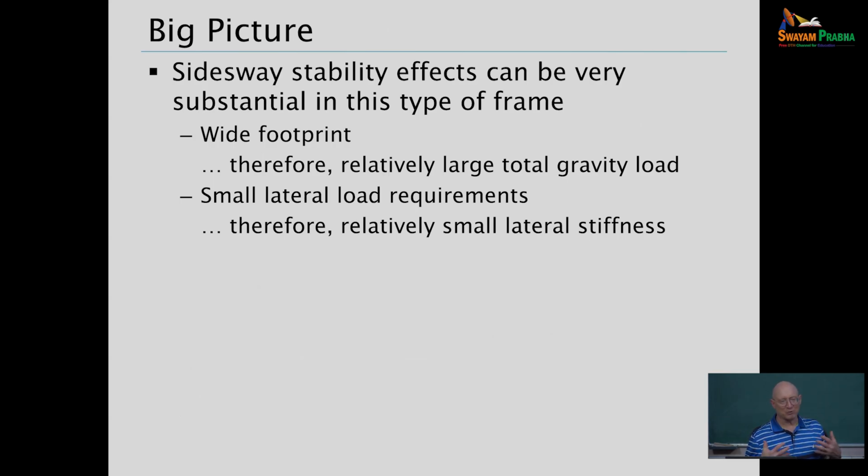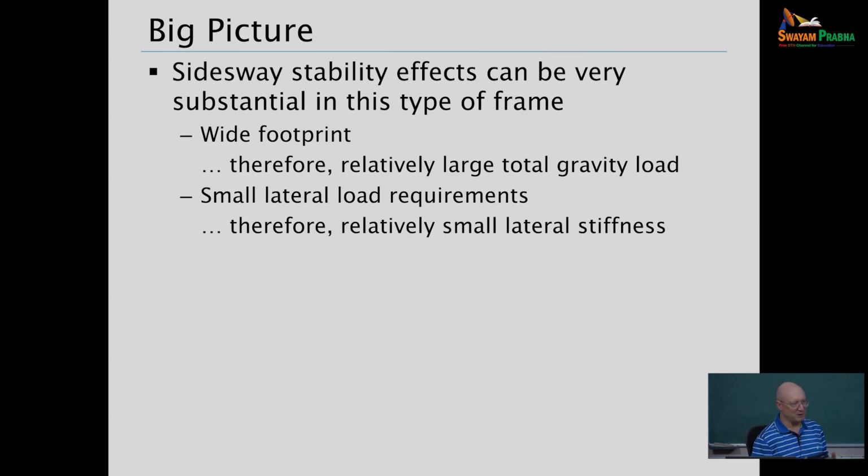So big picture here. This is the type of structure if you're thinking about where can I encounter the largest second order effects where I have to be really careful. It's not on a high rise. On a high rise, lateral load is important, but we're going to need to control stiffness on a tall frame.